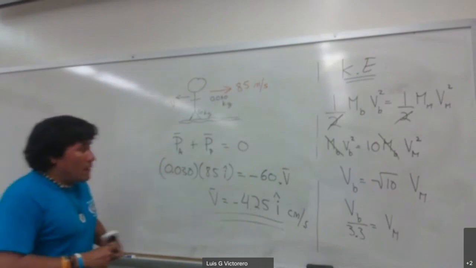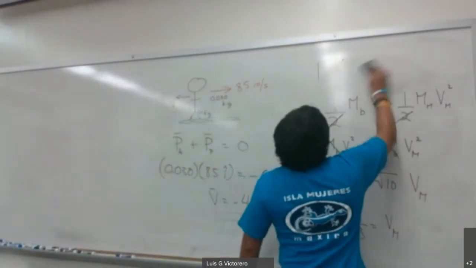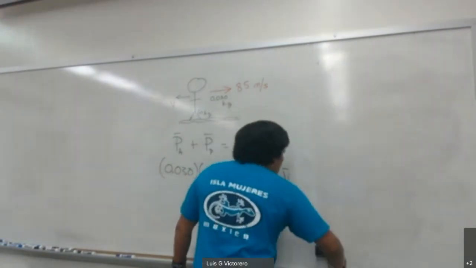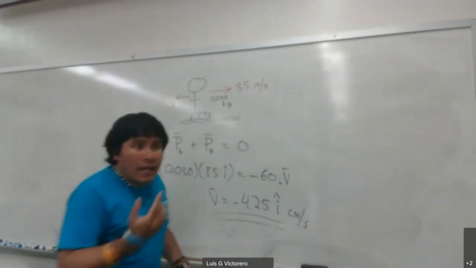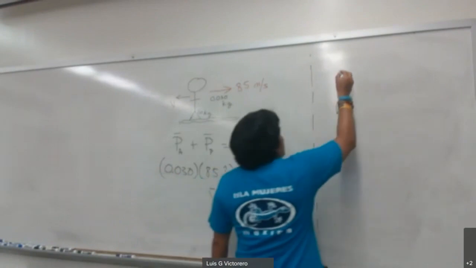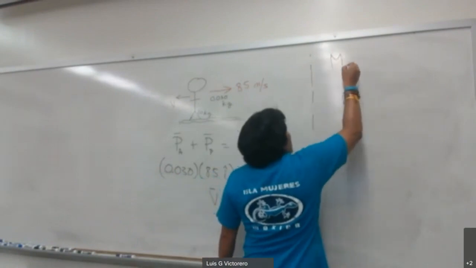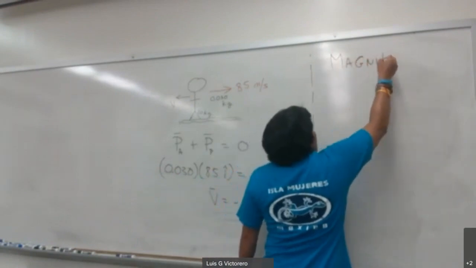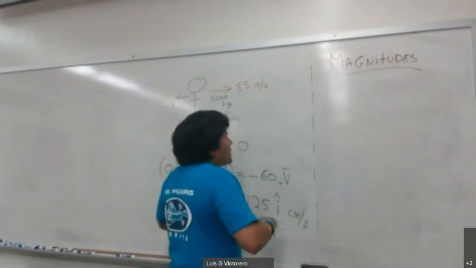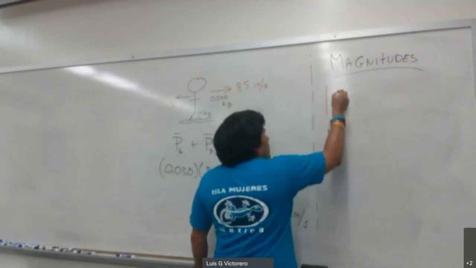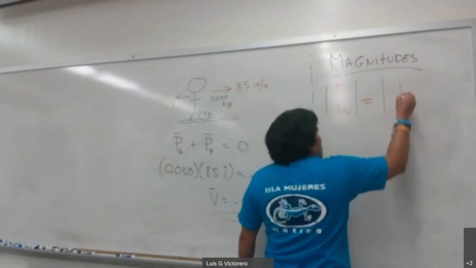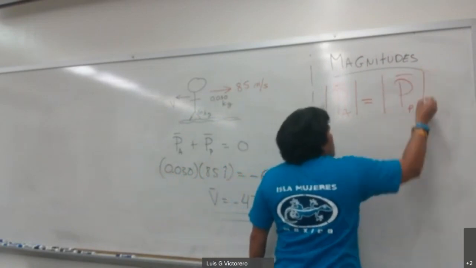The other way you can think about this is with magnitudes. You only have two bodies in that system, the archer and the arrow, the person and the arrow. So in terms of magnitudes, you can just say that the magnitude of the momentum of the arrow is equal to the magnitude of the momentum of the person.